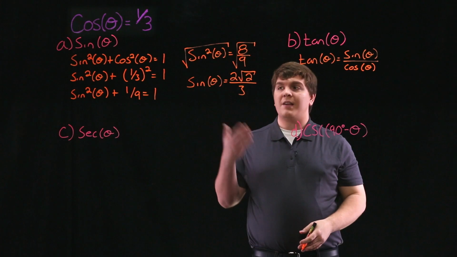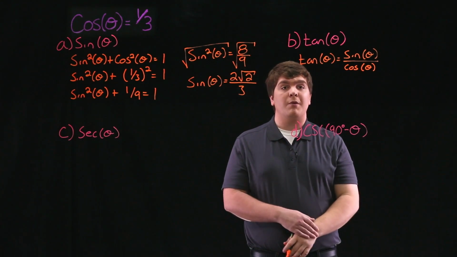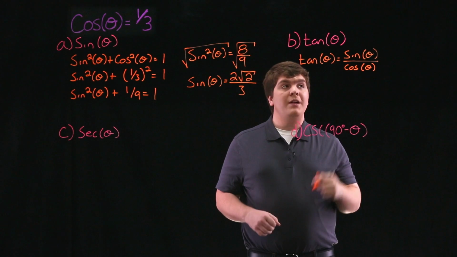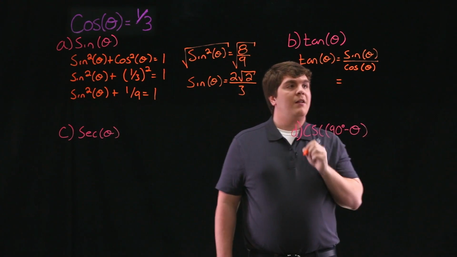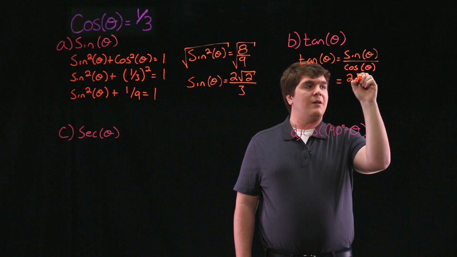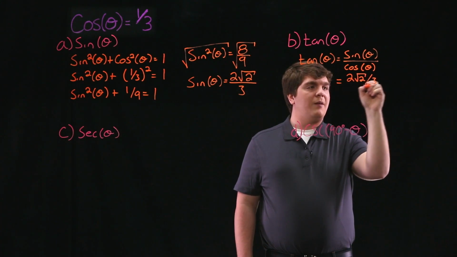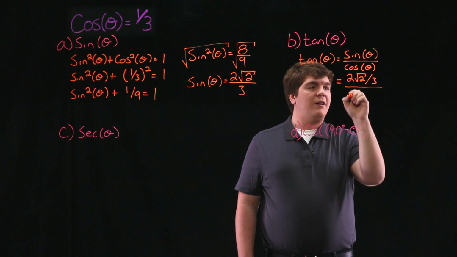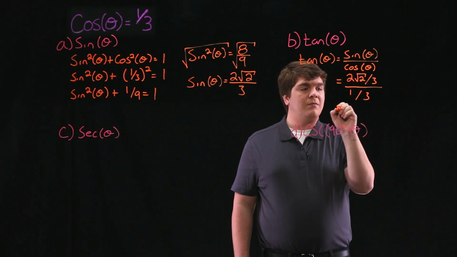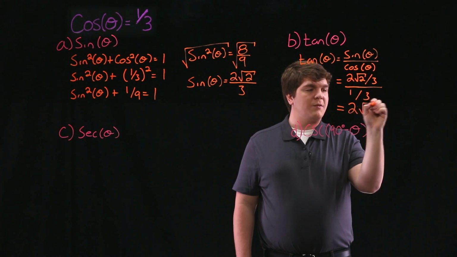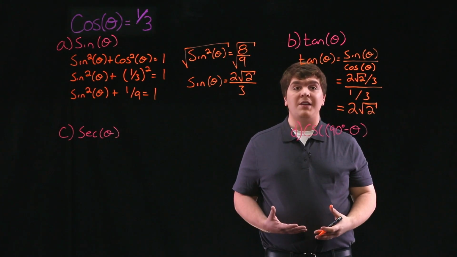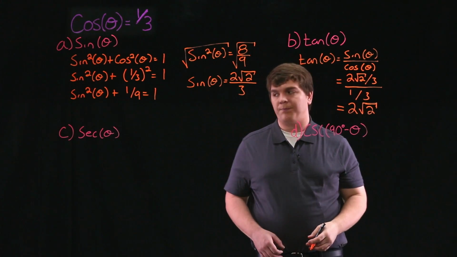Since we already know that sine of theta is equal to 2 times the square root of 2 divided by 3, and cosine of theta is 1/3, we can substitute these values in, leaving us with tangent of theta is equal to 2 times the square root of 2 divided by 3, all divided by 1/3. And this simplifies to 2 times the square root of 2. So we have tangent of theta is equal to 2 times the square root of 2.